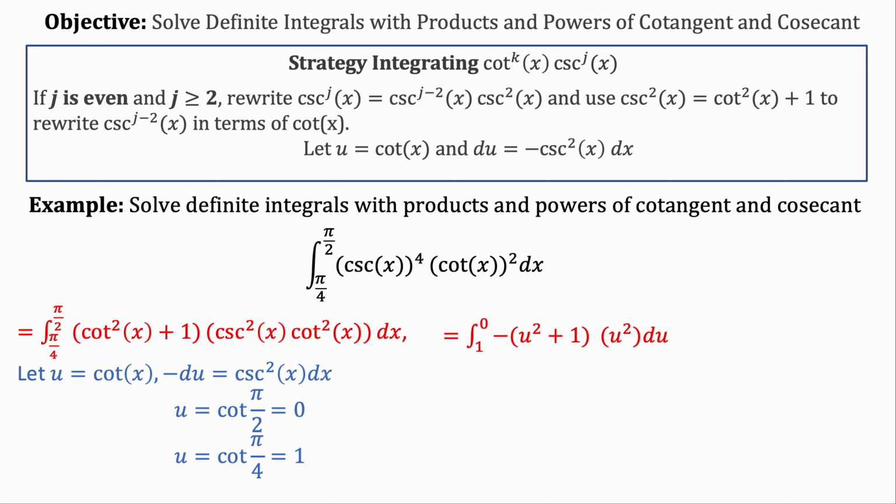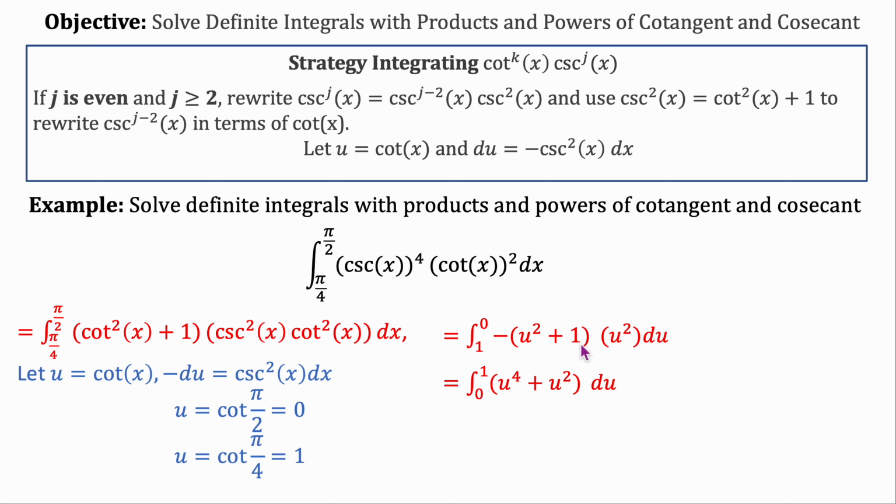Let's make that look a little nicer. I don't like the fact that these boundaries are not going in least to greatest order. Remember, we are allowed to flip the boundaries of our integration as long as we multiply through by -1. So technically, I just used that -1 here to flip those boundaries.